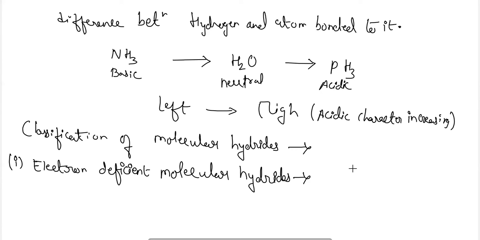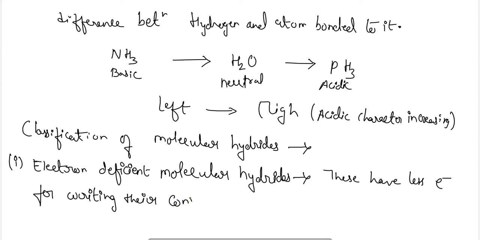The hydrides of this type have fewer electrons than required for writing their conventional Lewis structure.